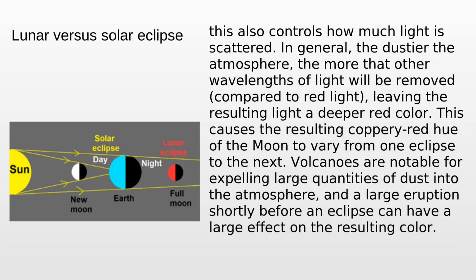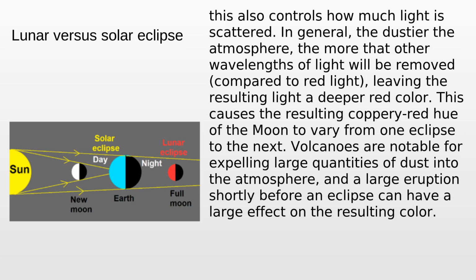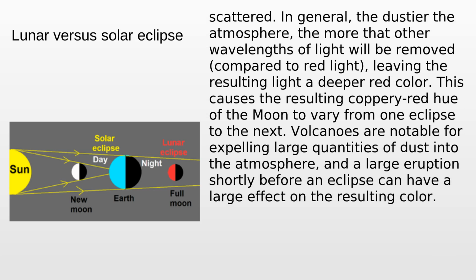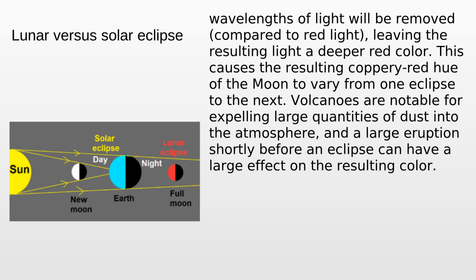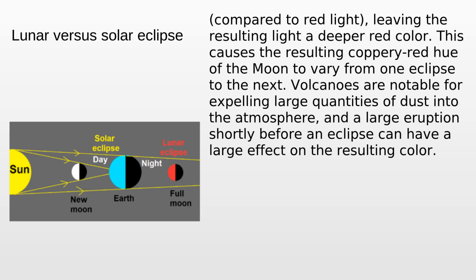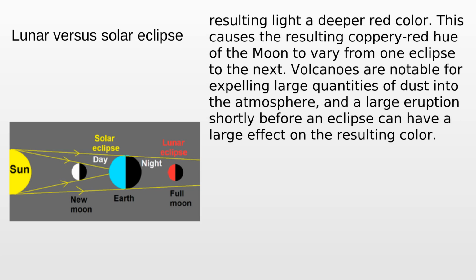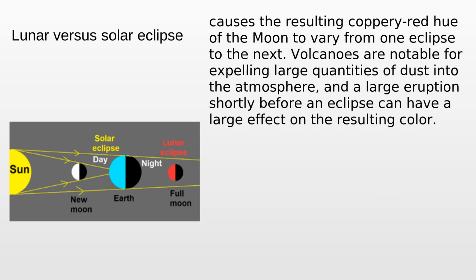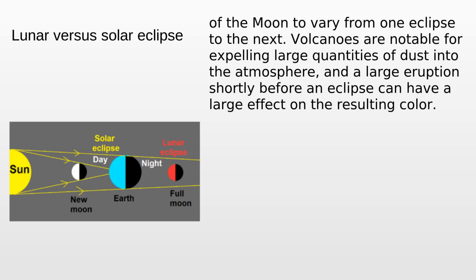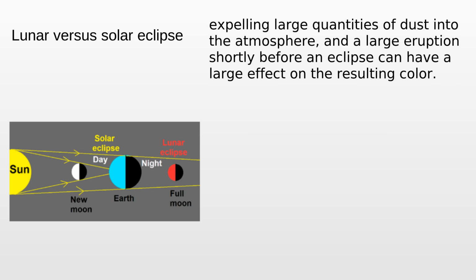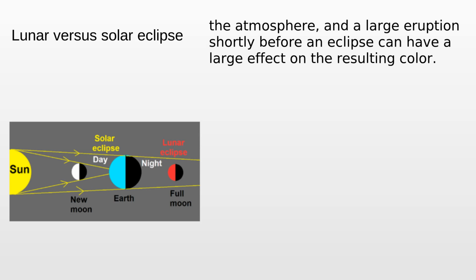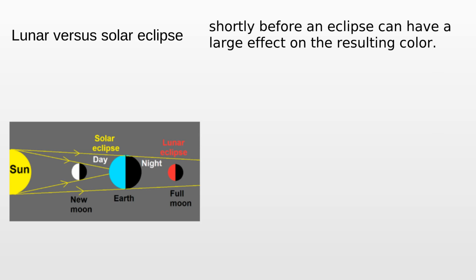In general, the dustier the atmosphere, the more that other wavelengths of light will be removed, compared to red light, leaving the resulting light a deeper red color. This causes the resulting coppery red hue of the Moon to vary from one eclipse to the next. Volcanoes are notable for expelling large quantities of dust into the atmosphere, and a large eruption shortly before an eclipse can have a large effect on the resulting color.